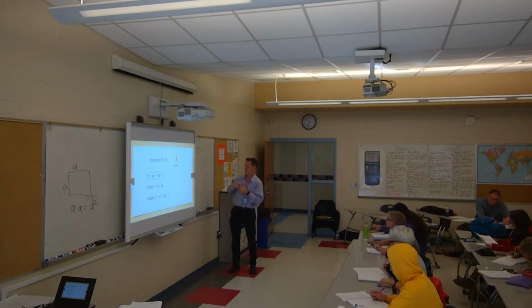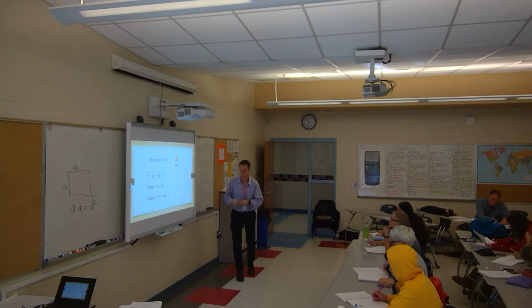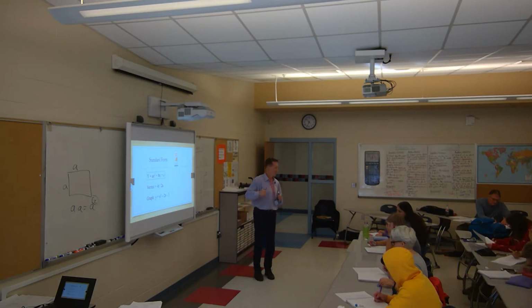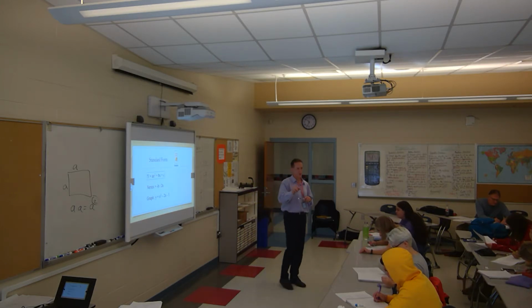1 minus 2, so that's +2 minus 3, right? So x squared, what I should have done is x squared minus 3. So let's change this graph just ever so slightly.